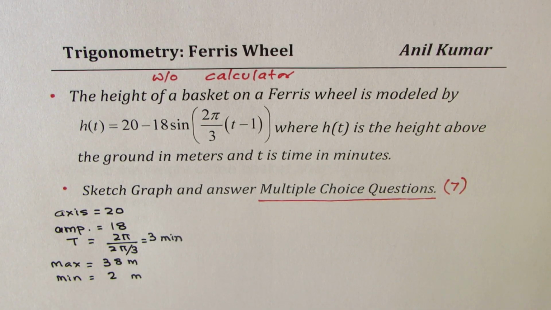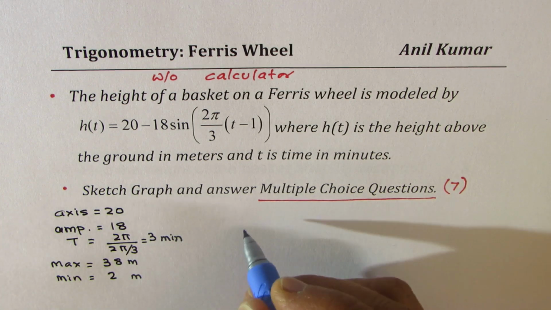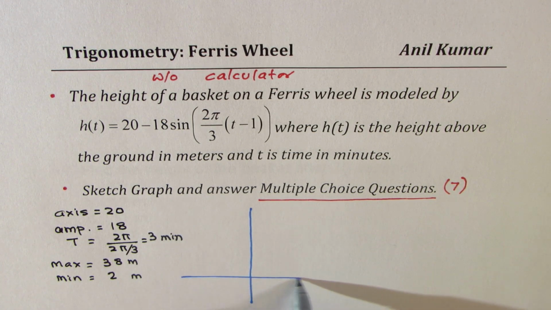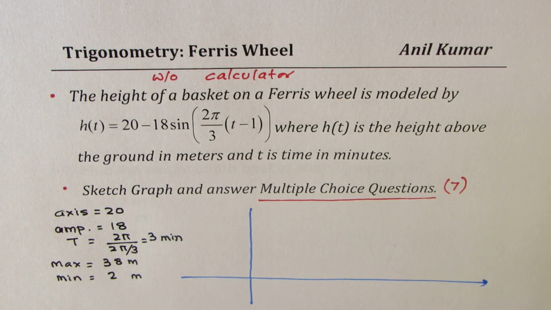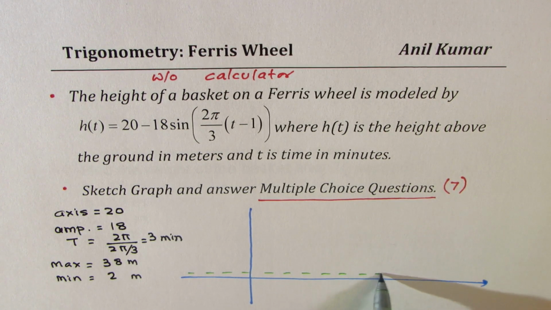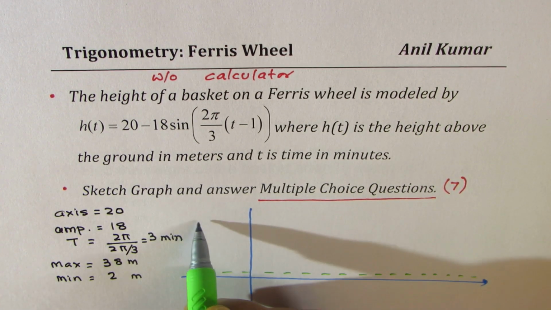Now with that, it is very simple to sketch the graph, and this is probably the fastest way of answering such questions. Let's say that is the x-axis. What I normally do is sketch the minimum, which is 2 for us. This dotted line indicates the minimum.